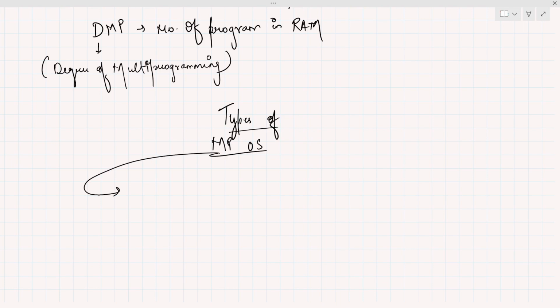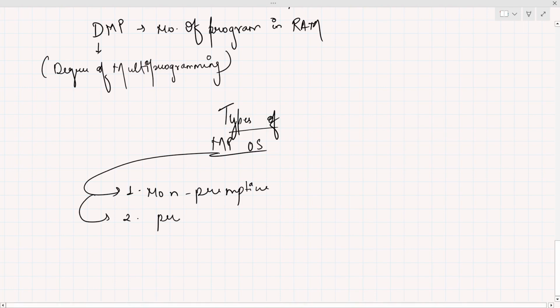We have two types. The first one is called non-preemptive, and the second one is called preemptive. We will see this in detail in upcoming videos, but for a basic overview, in a summarized way, what are these two things?